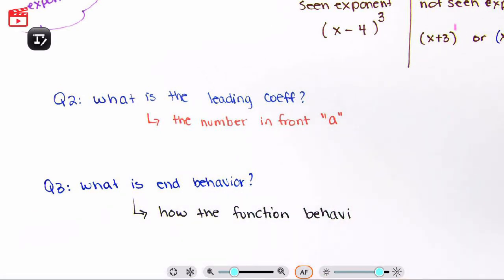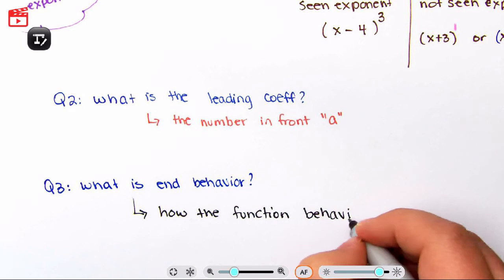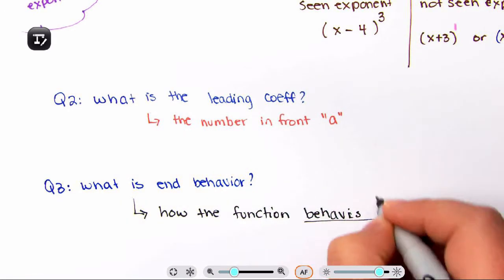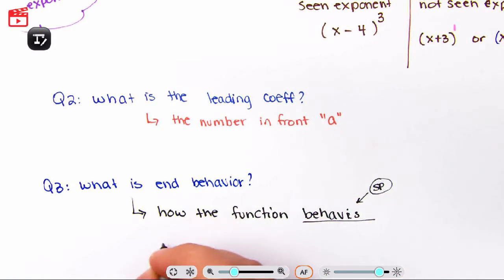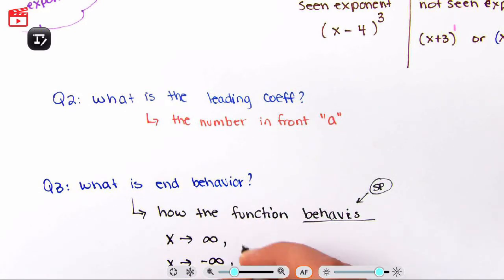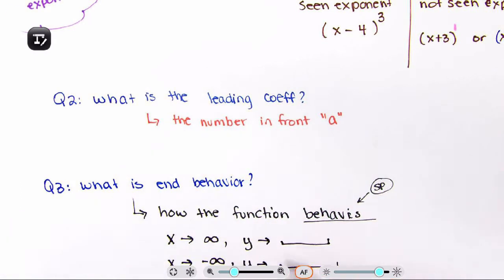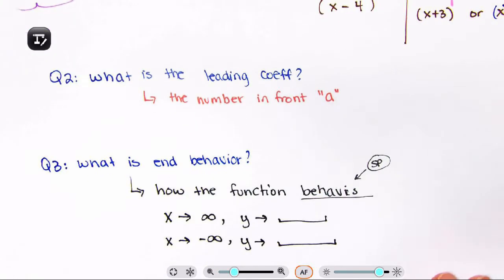Why can I not spell that right now? How the function behaves? Oh, that's wrong. It's okay. I'm gonna know that's a spelling error. So how the function behaves as x approaches infinity and as x approaches negative infinity. So as x approaches infinity and y approaches infinity, something happens. We need to figure out what that end behavior is.